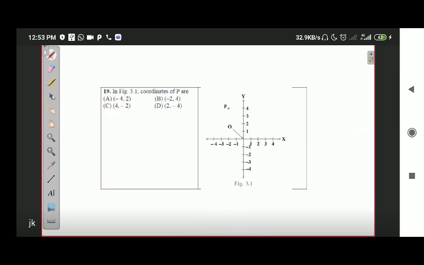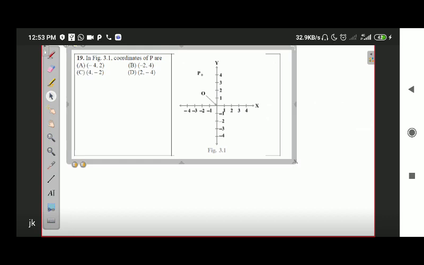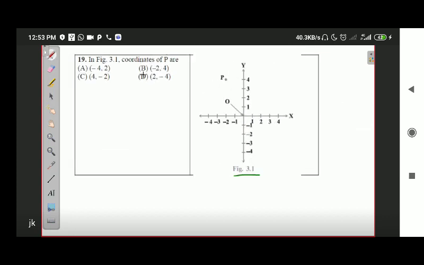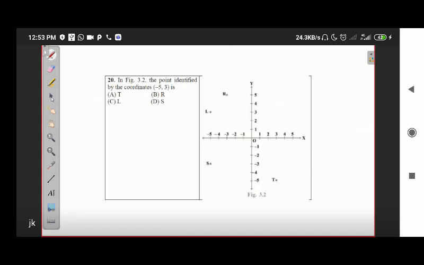Question number 19 is, in the given figure 3.1, you have to determine the coordinates of point P. So the coordinates of point P will be minus 2 comma 4. Next is question number 20.